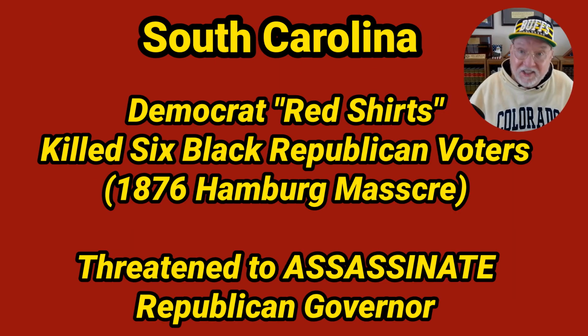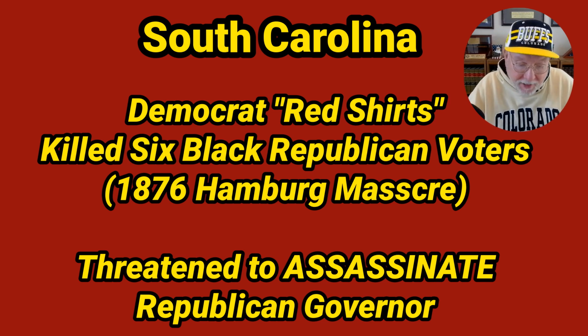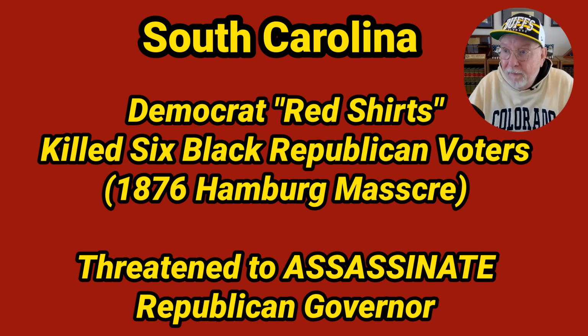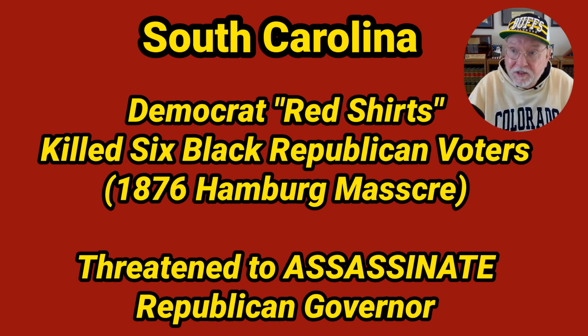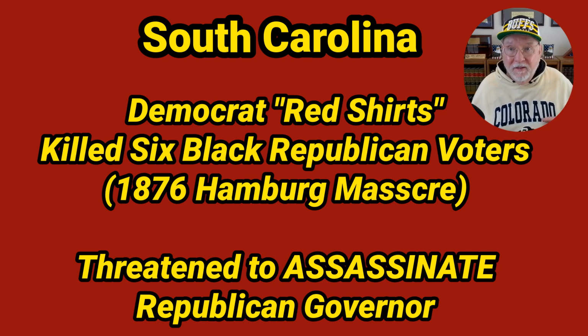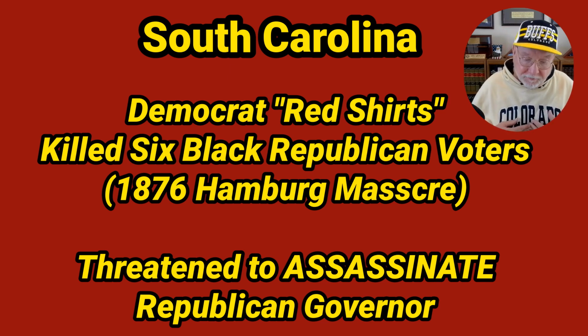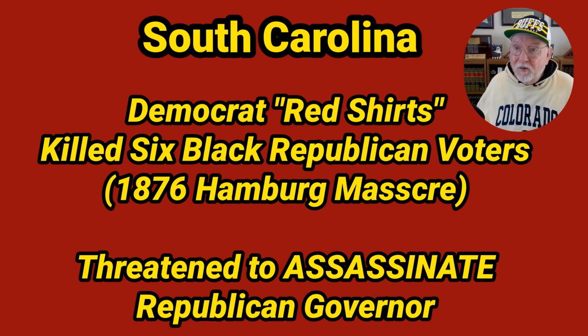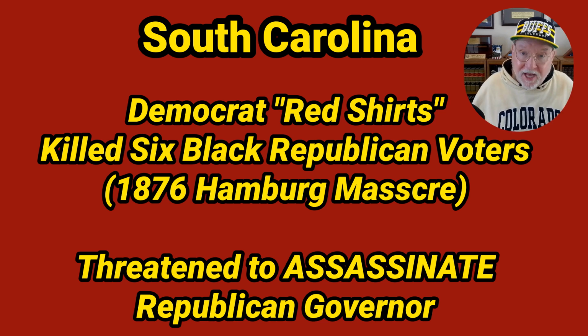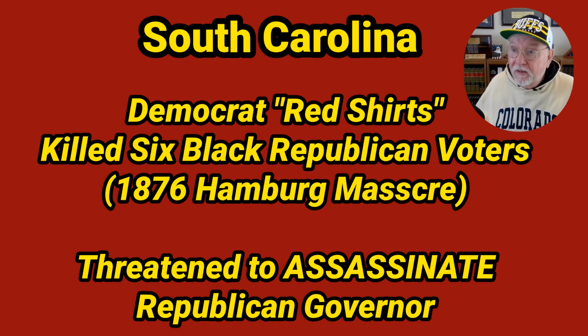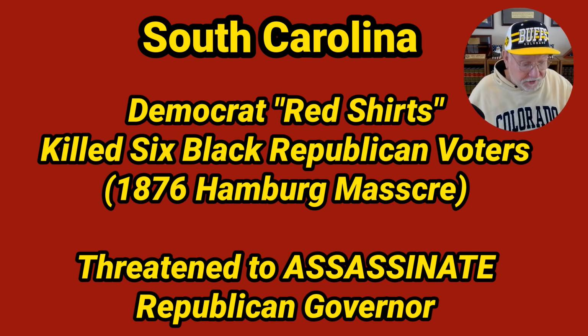The red shirts actually killed 6 black men in Hamburg. It's called the Hamburg Massacre. They killed 6 black men because they wanted to vote Republican. And they were backed by a Confederate general, and they actually threatened to assassinate the Republican governor of South Carolina, Chamberlain. That's how bad South Carolina was.